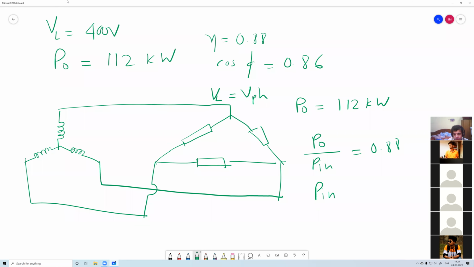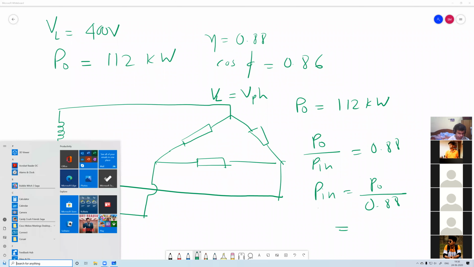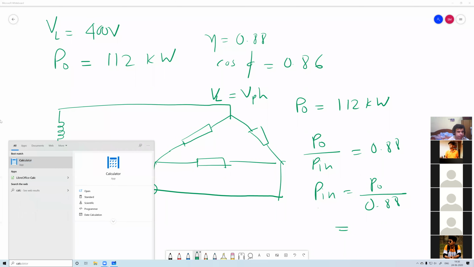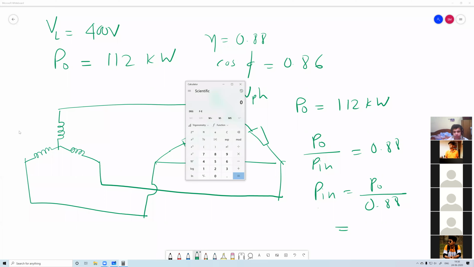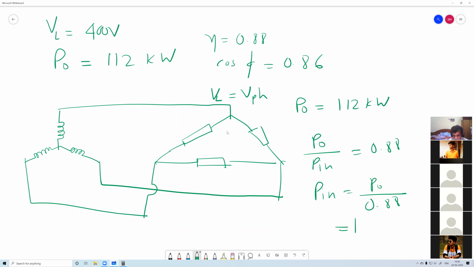So P in should be P out by 0.88, that is 127.27 kilowatts. This is equal to V phase, I phase, cos phi.